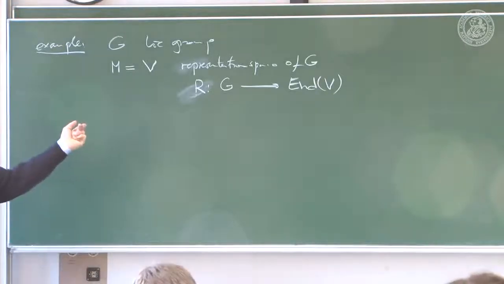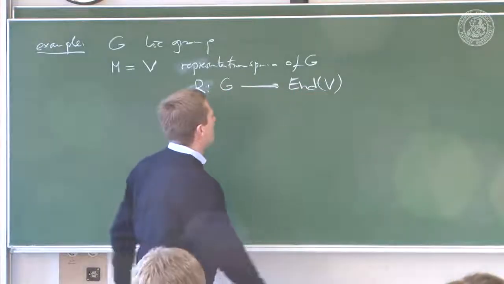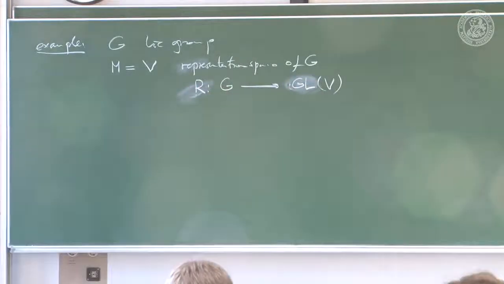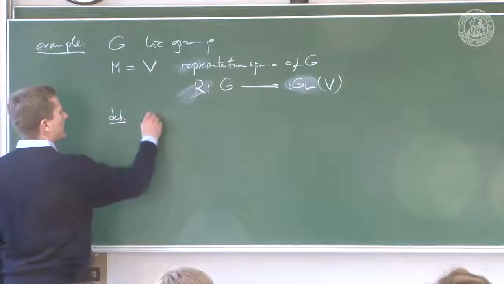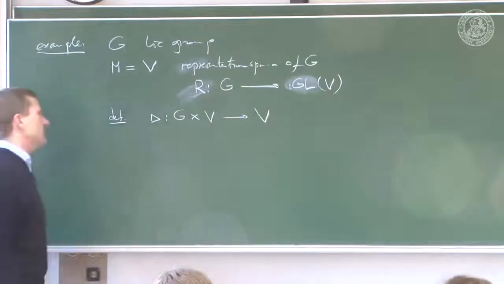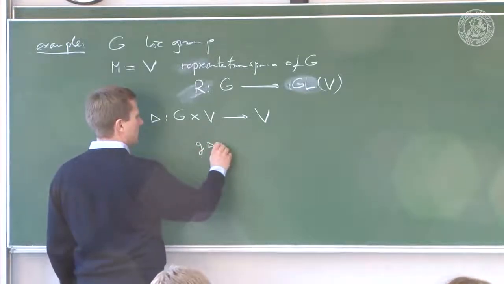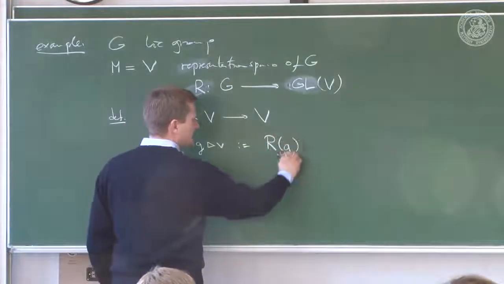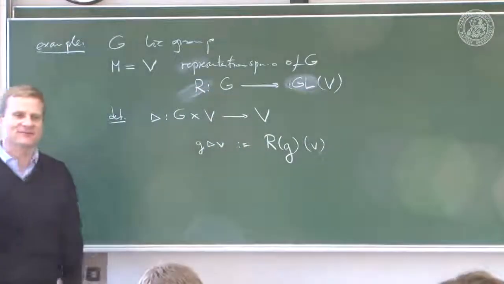We studied such stuff before, right? We studied representations of the Lie group into the endomorphisms. Actually, it was called GL on V, because we need this to be invertible. And we can, of course, therefore define a left action of G on a representation space by letting G act on a vector, by definition, by using the representation of this element and letting it act as a linear map on the vector.